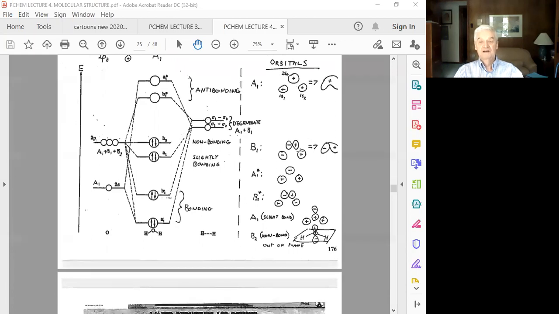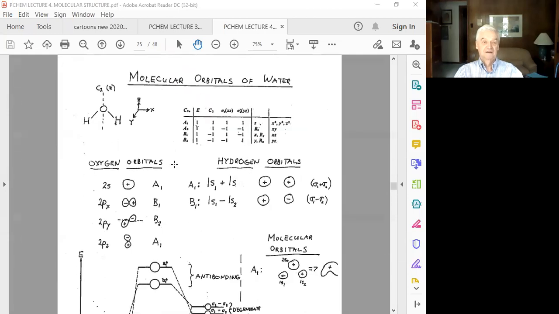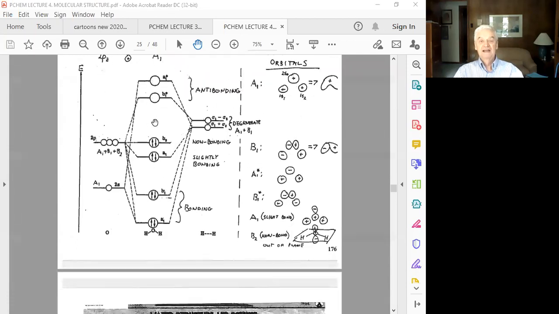Water has an unusual case in that one of the p orbitals, namely the pz here, pointing down between the hydrogens, is capable of weak bonding. So its bond would look like this.